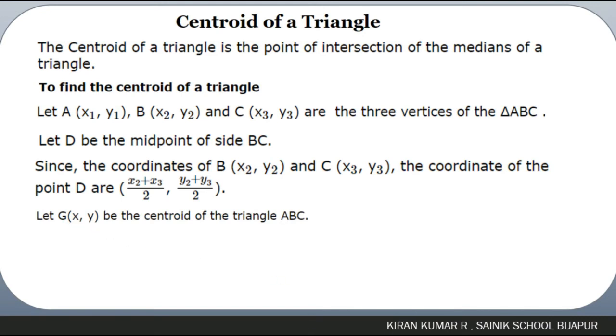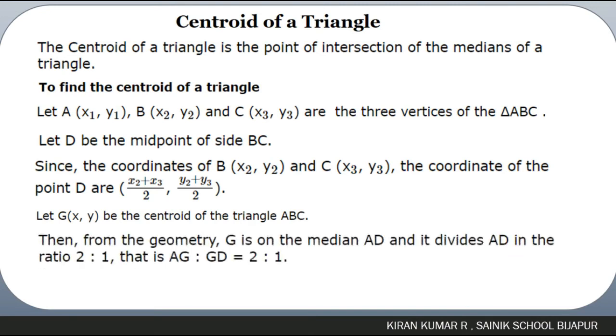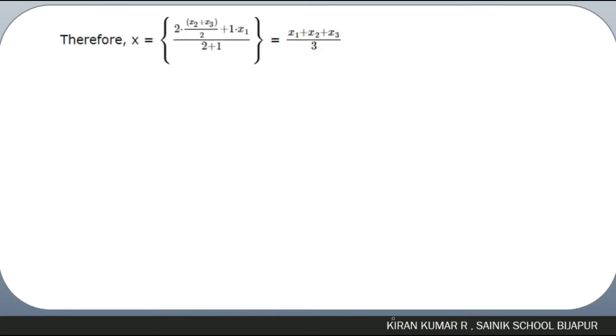We know the relation that the centroid divides the median in the ratio 2:1. With this, I can use the section formula and find the coordinate of x as x1 plus x2 plus x3 divided by 3 and the coordinate of y as y1 plus y2 plus y3 divided by 3.